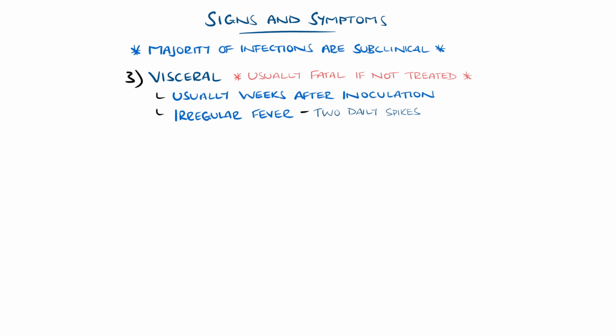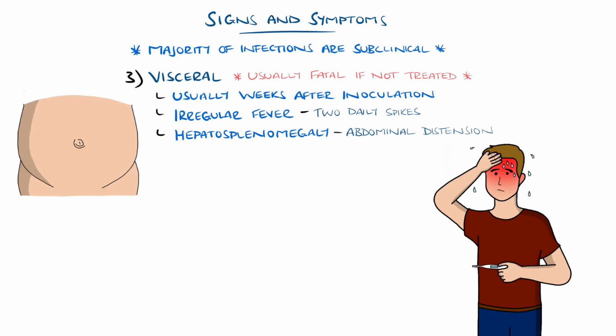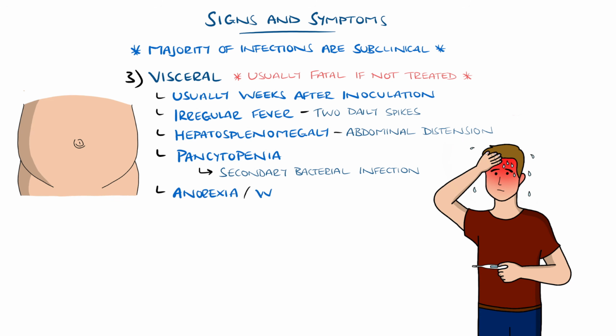Symptoms include irregular fever, which can feature a pattern of 2 spikes daily, hepatosplenomegaly, which may present as abdominal distension, and pancytopenia, as the bone marrow becomes affected. This itself can then impair immunity and predispose to secondary bacterial infections. Other features include anorexia and weight loss, and less commonly, diarrhea and bleeding.